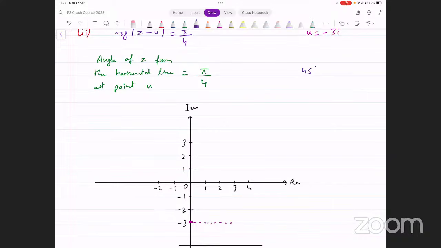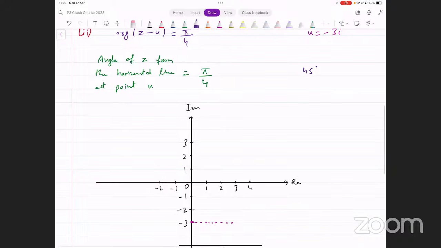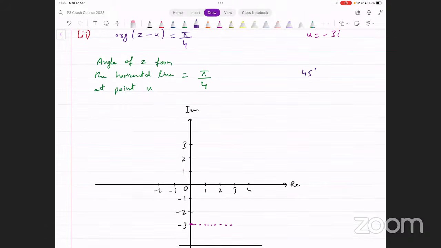Now, if you're drawing this line without a protractor, please keep one thing in mind. A 45-degree line has a gradient of 1, which means the distance it covers horizontally, let's say 2 units, is going to be the same as the distance it covers vertically. The horizontal change in that line is the same as the vertical change.